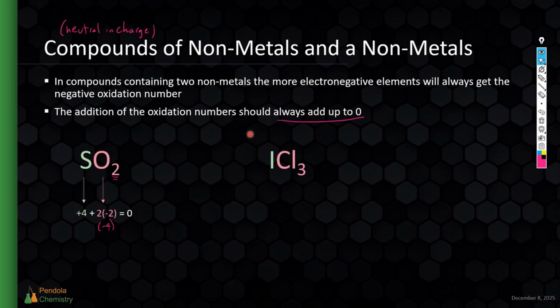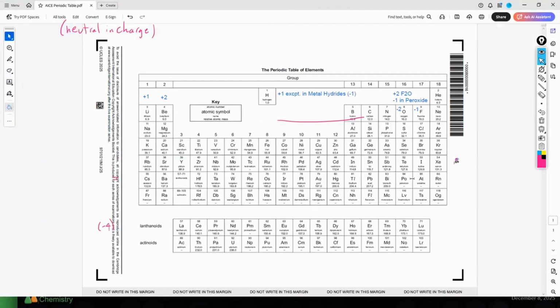Now, this rule is still true. The addition of the oxidation numbers should always add up to 0. And additionally, because we know the more electronegative element is going to always get the negative oxidation number, we know chlorine is more likely to get the negative oxidation number, because chlorine is more electronegative than iodine. Well, we don't have a particular rule for chlorine per se.